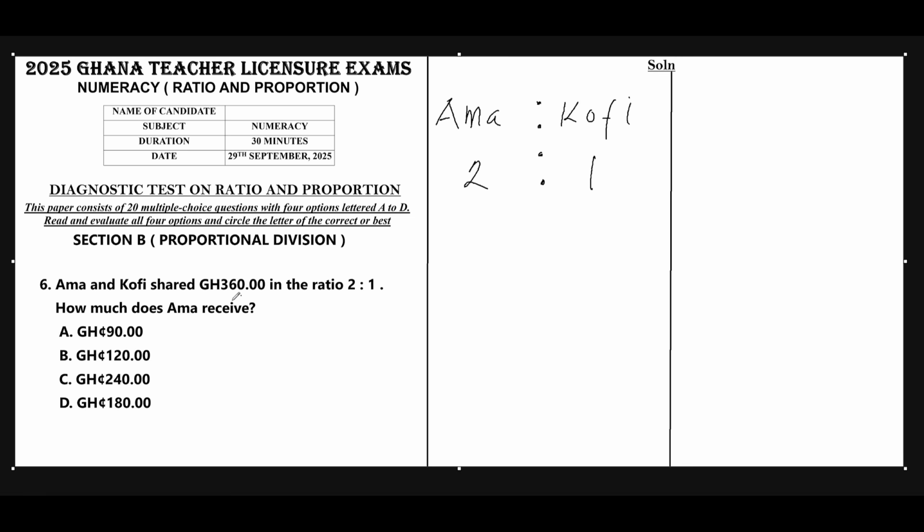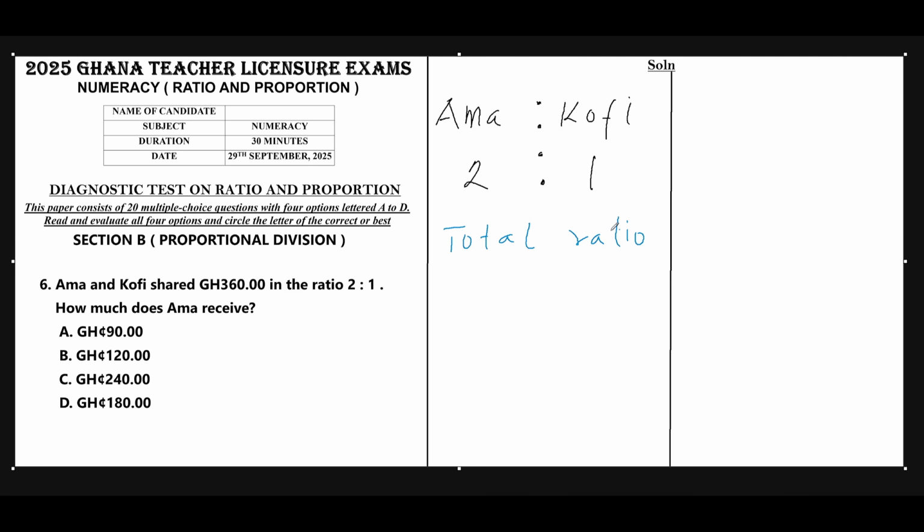So if the total amount is 360 cedis, then what ratio corresponds to the total amount? The ratio that corresponds to the total amount will be the total ratio. Total goes with total ratio.